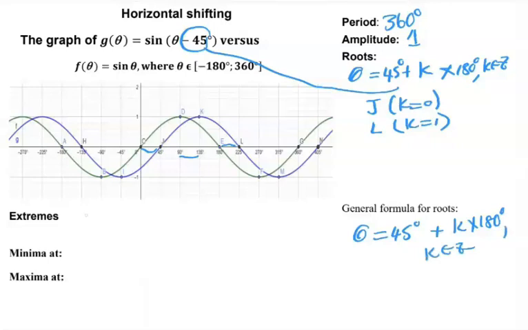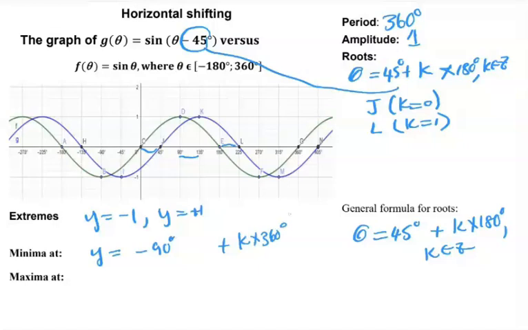The extremes are still y equal to minus 1 and y equal to plus 1, but now the minima, previously we had the minima at theta equal to minus 90 degrees plus k times 360 degrees, where k is an element of Z, because if I take b here and I add 360 degrees, then I will end up at f there.